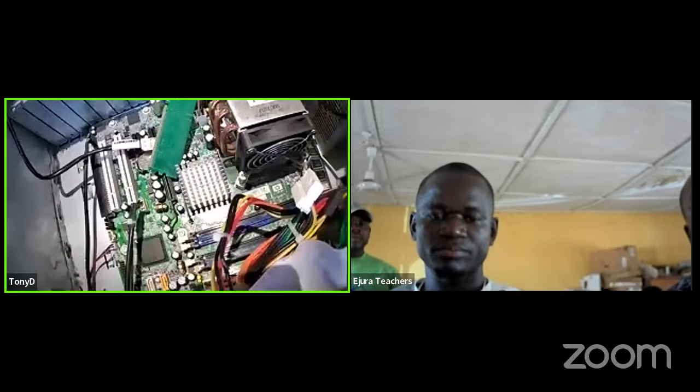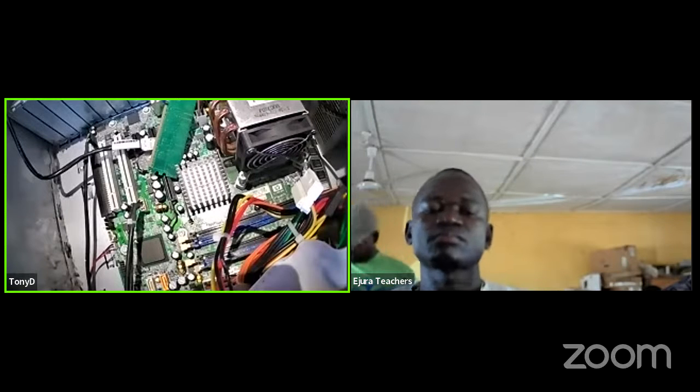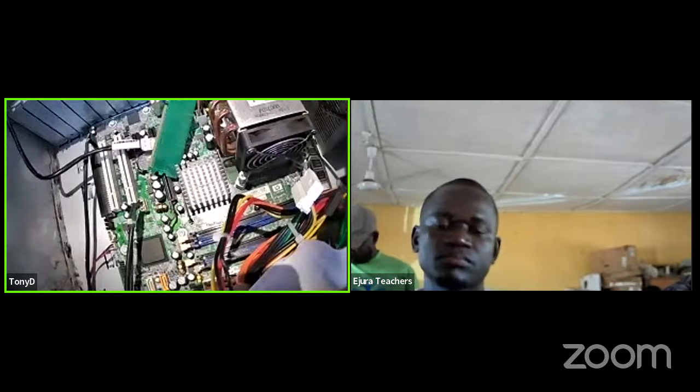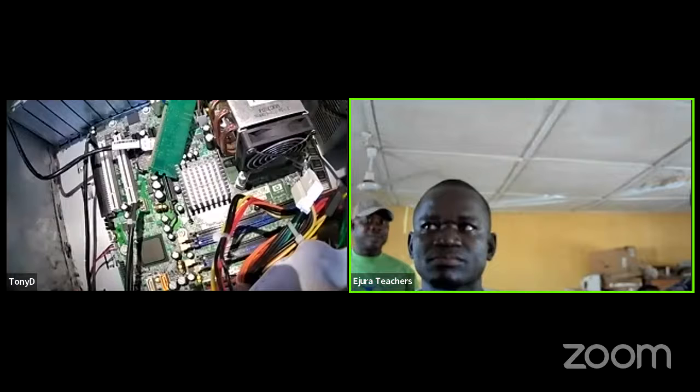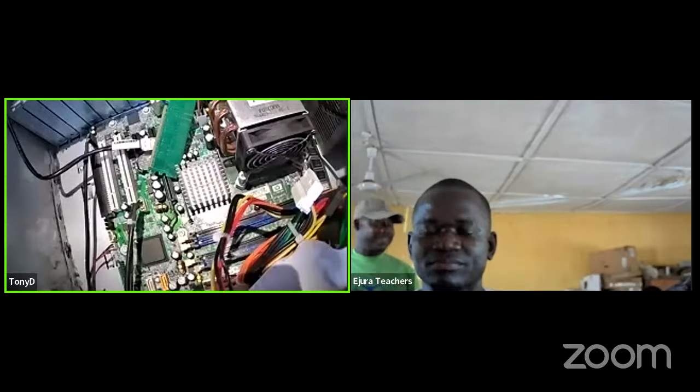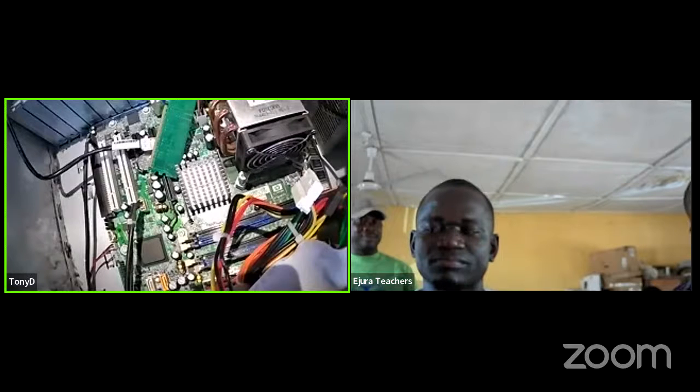And the next time that we meet, I think that we should get one of the computers and open it. Yes, we have 3 of them here. They are all open, and we will be using them as you go. So the next time we are actually going to open and take the CPU out.